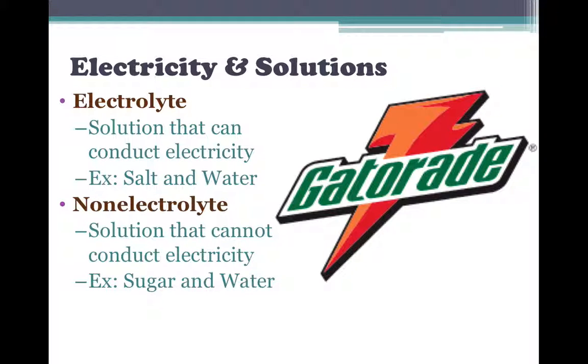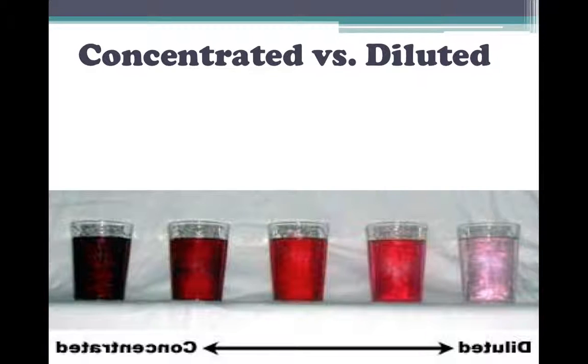A non-electrolyte solution would be, okay, I've got a solute, as in sugar, and it's going to dissolve into the water, but it doesn't conduct electricity. Okay, so those are the two right there. So electrolyte, think of electricity. Non-electrolyte, no electricity.